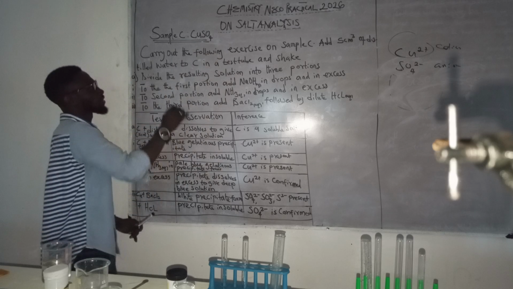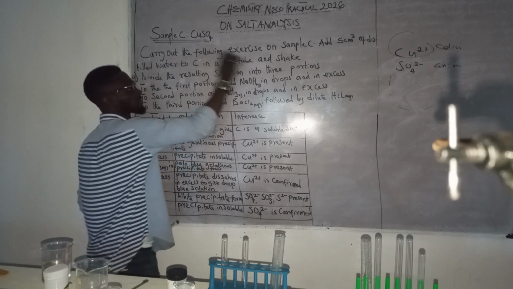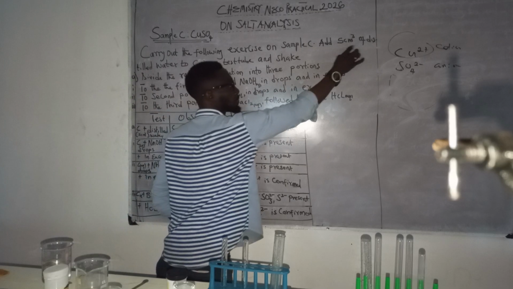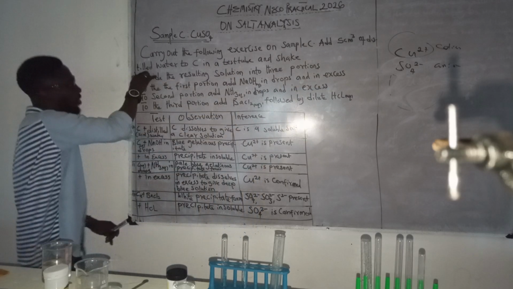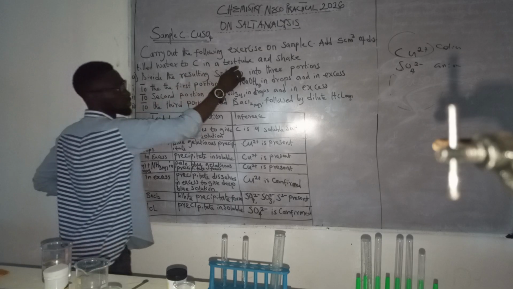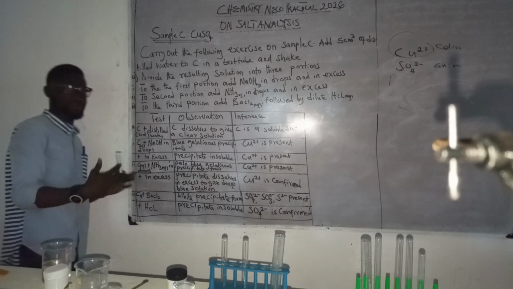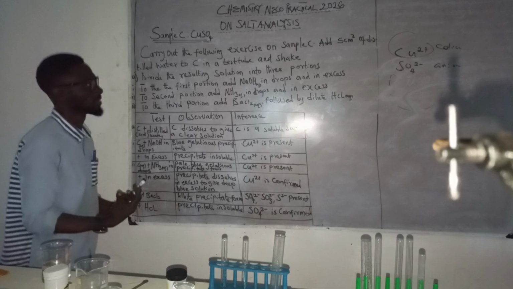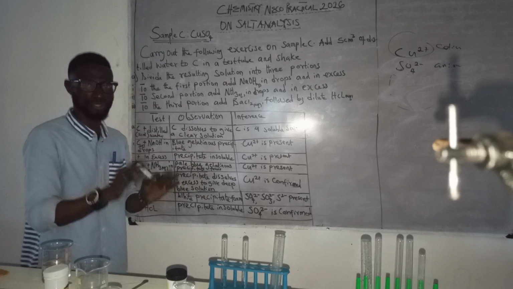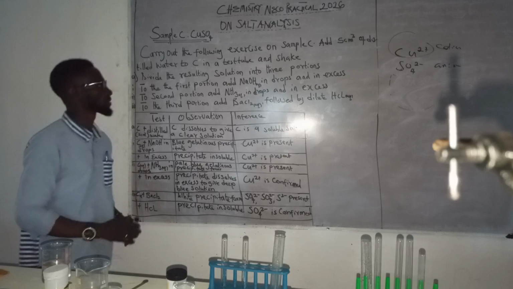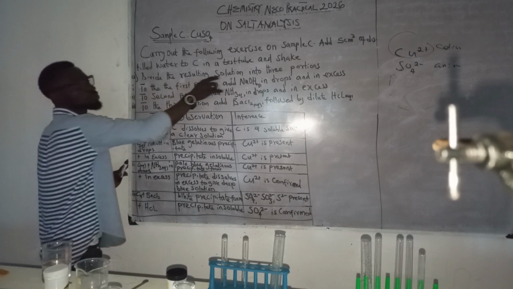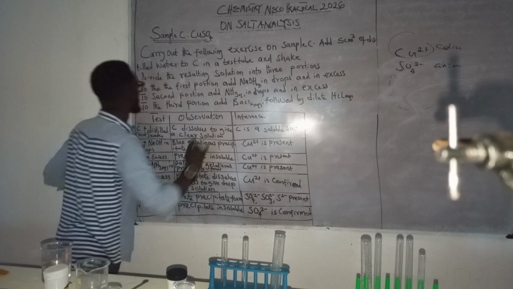So we are expected to carry out the following exercise on sample C. First, add 5 cm cube of distilled water to sample C in a test tube and shake. Why are we shaking it? We are shaking it so that if that salt is a soluble salt, it can dissolve evenly in the solution. Then divide the resulting solution into 3 portions.